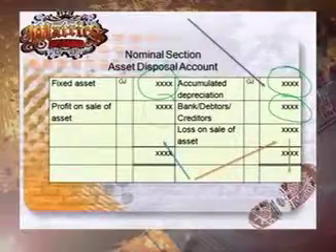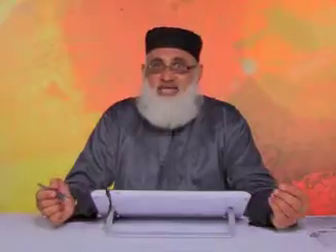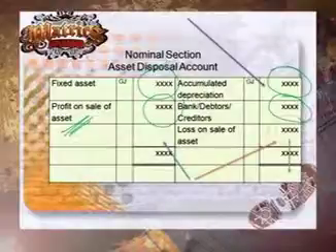Now, if it happens that we have to debit the asset disposal, then obviously you're going to credit the profit on sale of asset. And you know then, why would that happen? When my selling price is greater than my carrying value. But if my selling price is less than my carrying value, matriculants, then certainly, we're going to have a loss on sale of asset. Got that very, very clear?